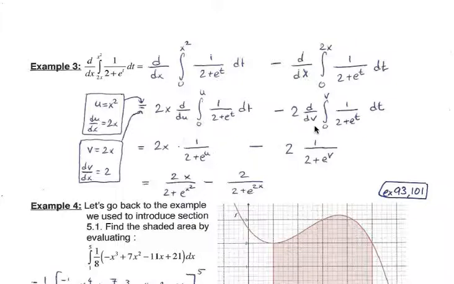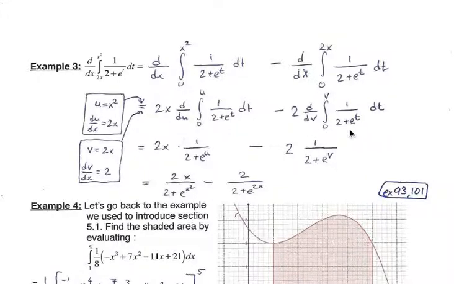For the second integral, what I need to do is change this 2x, so I'll have a change of variable v equals 2x. Therefore, dv dx equals 2. And if I make the change that d dx is actually d dv times dv dx, this is what I get.